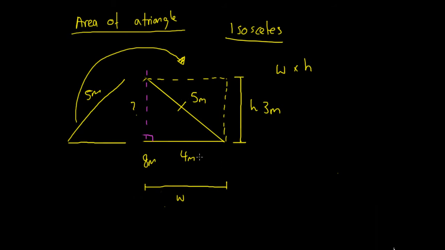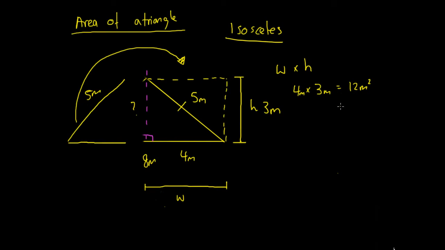So we do our width times our height: 4 times 3 meters gives an area of 12 meters squared. 4 times 3 is 12, meter times meter is meter squared.